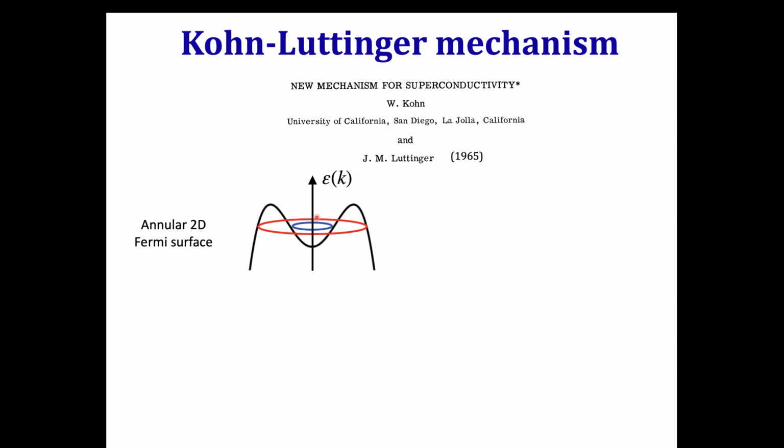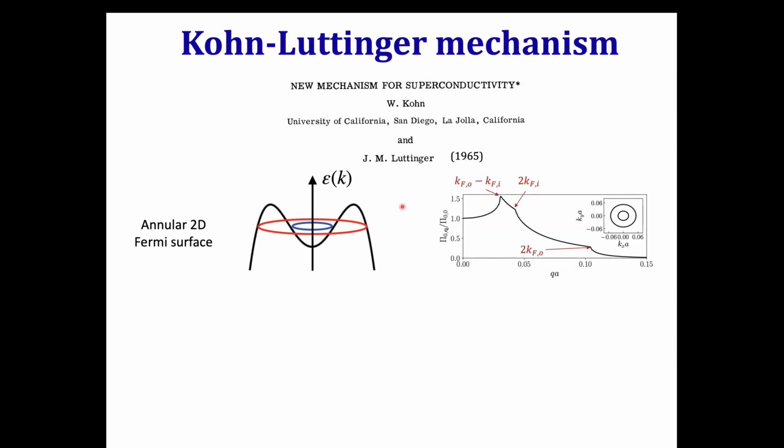So the Fermi surface is an annulus. That has an interesting structure to the polarization function, which is exactly what we want in order to get pairing. In particular, the polarization function is peaked at a wave vector that corresponds to the separation between the inner and the outer Fermi surface.